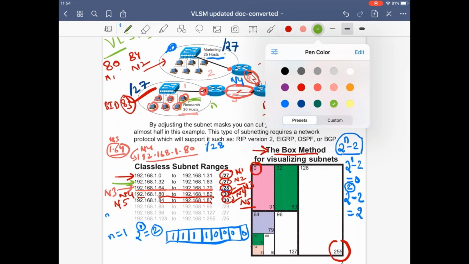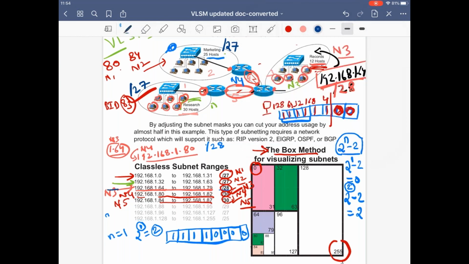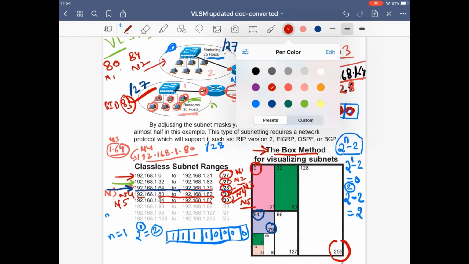Third one, 64 to 79, this one. N4, 80 to 83.